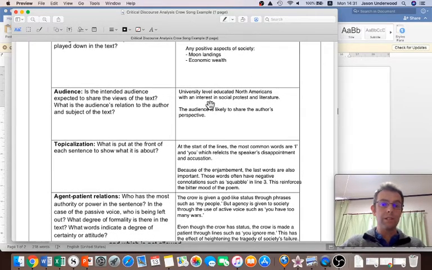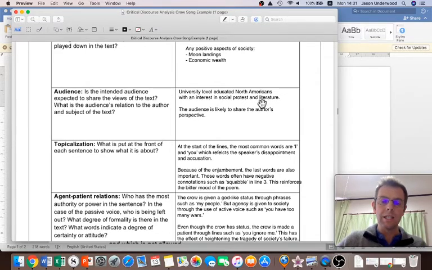Moving on to the audience. So again, this connects to our first reading and our Big Five, so we've probably answered this one already. University level educated North Americans with an interest in social protest, and I included literature there since it's Margaret Atwood. Her audience is likely people interested in literature.